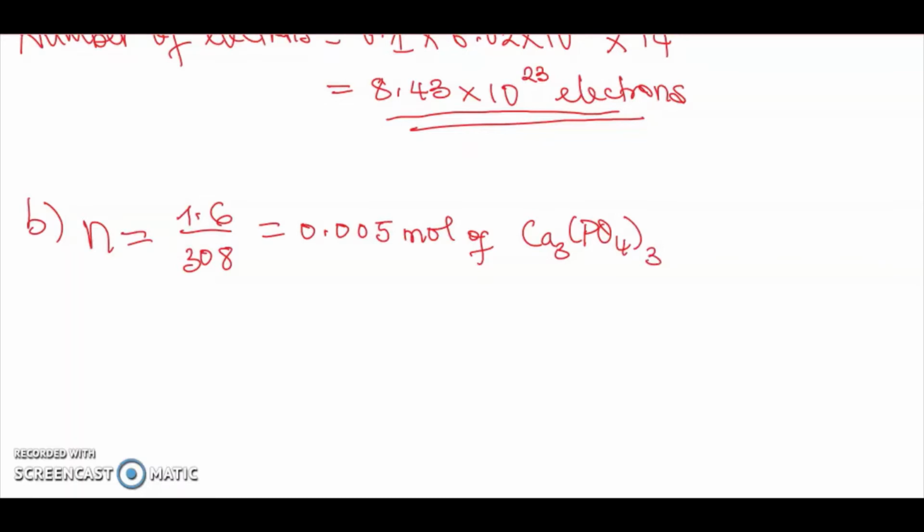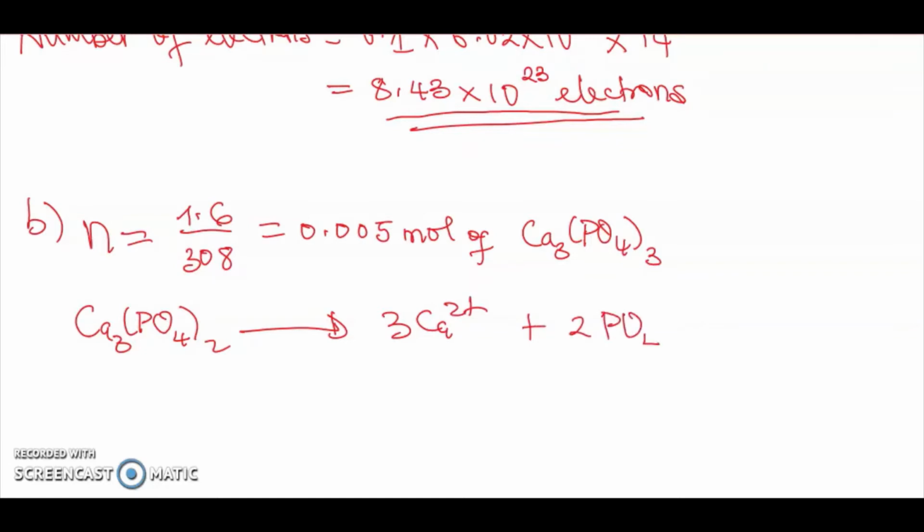Okay, now if we dissociate the equation, so that is it. The mole ratio we know of calcium phosphate to calcium ion is 1:3.